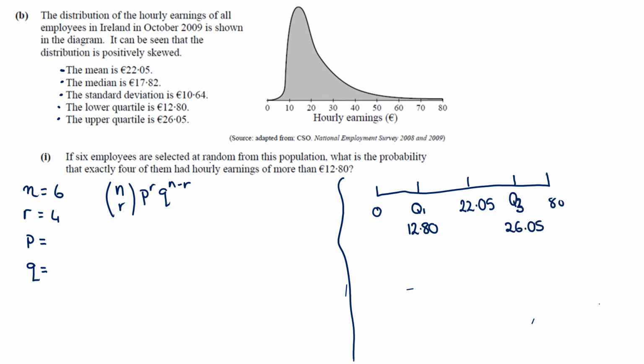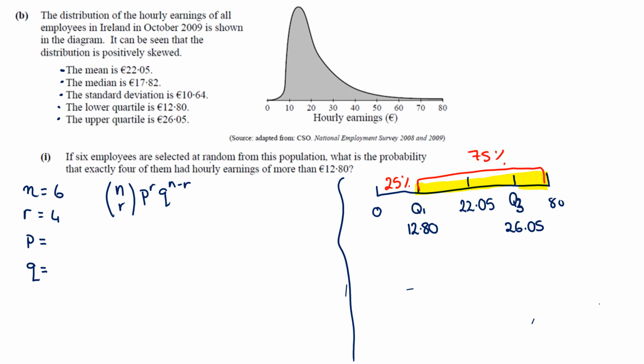So what is the probability that exactly 4 of them have hourly earnings more than 1280? So what's the probability that you earn more than 1280? Well, 1280 is our lower quartile, so that means 25% is here, and that means 75% must be above that.